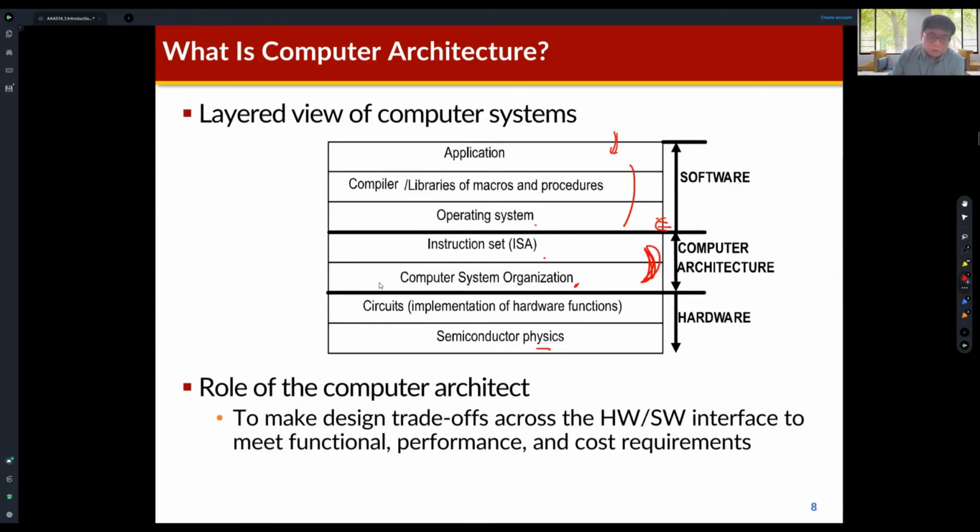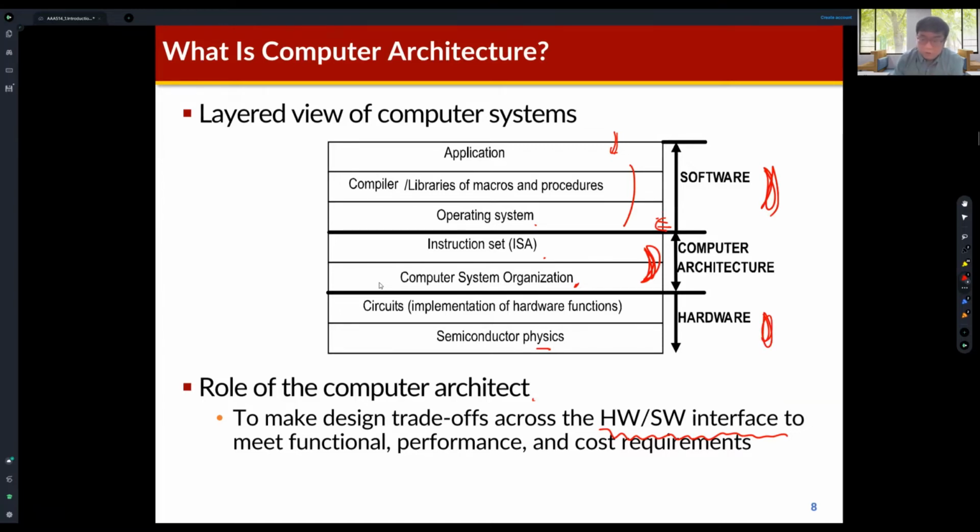So what is the role of a computer architect? Computer architecture research makes design trade-offs across the hardware and software interface. This is very important because we are handling the interfaces between hardware and software. As you can see in this figure, these are the software layers and these are the hardware layers.